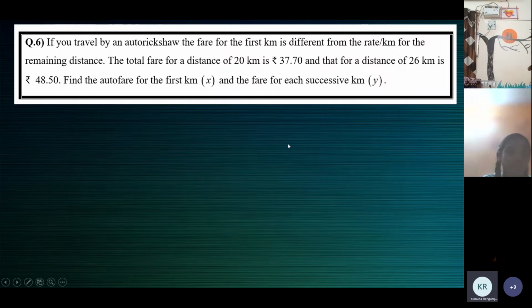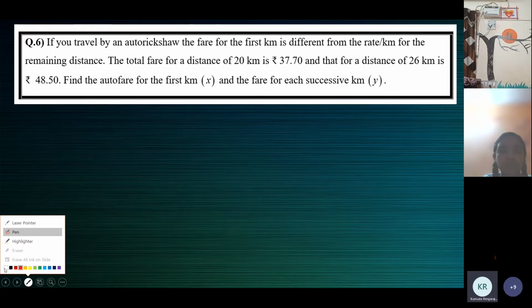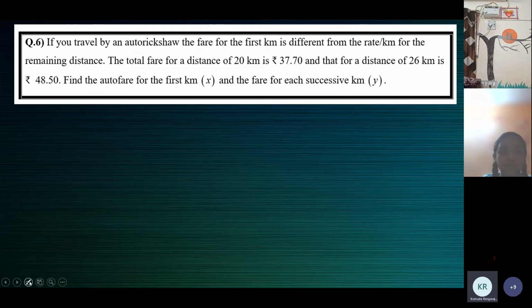So here, the fare for the first kilometer is different from the rate per kilometer for the remaining distance. So see here, the total fare for 20 kilometers. Good, Ananya. Well tried.